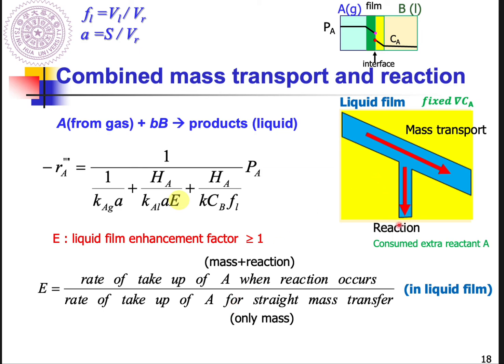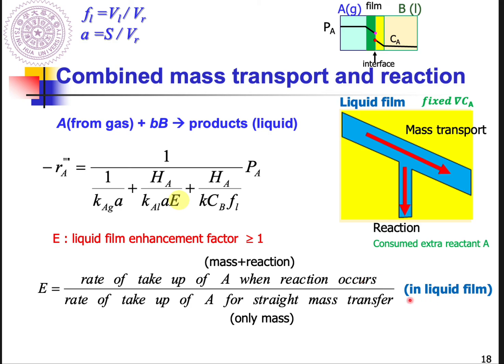If we don't have a chemical reaction here, the flux should be the same, so E equals 1. So the bottom limit value for E is 1. However, if the chemical reaction happens, it will consume extra A, so the flux will increase and E will increase. If the chemical reaction happens very fast in the liquid film, E will get larger and larger.